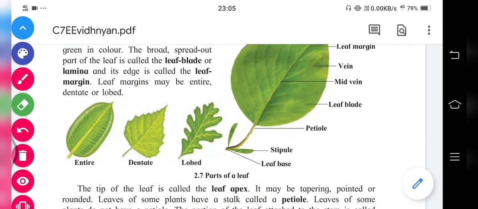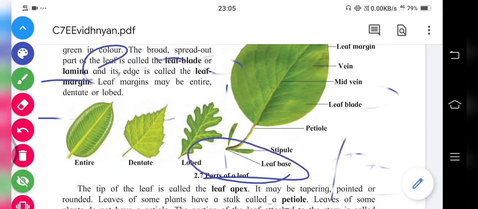Here is the leaf base, this one. The portion attached to the stem is called the leaf base.